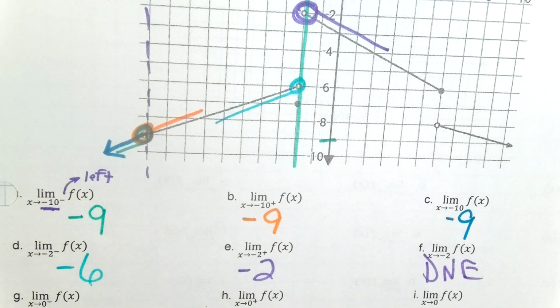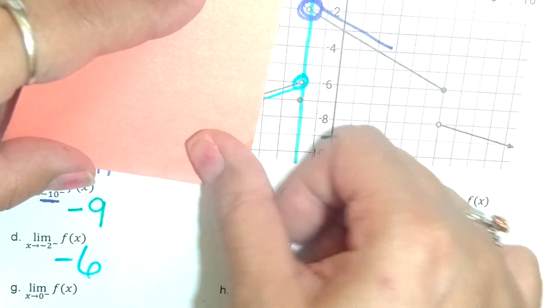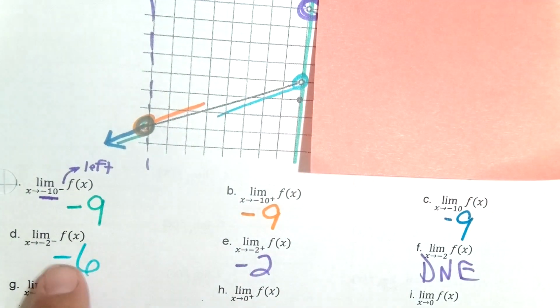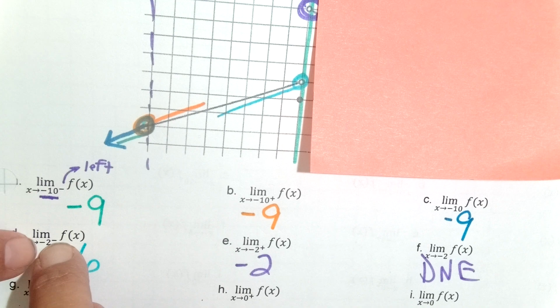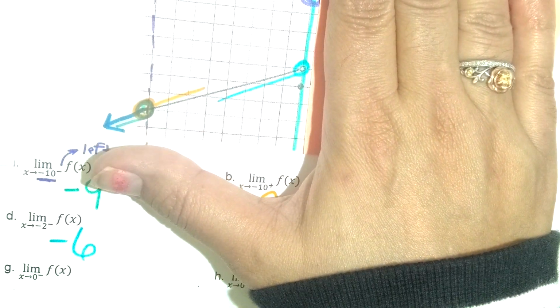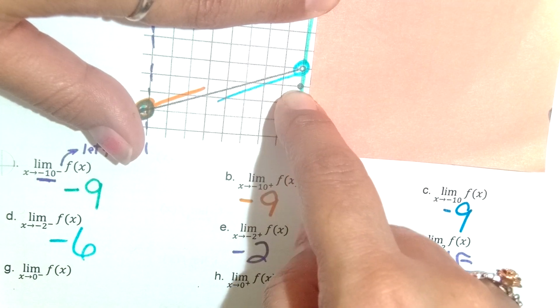I see some confused faces. Okay. So I'm looking at this tealish line. I'm going to look from the left side because that's what this is right here. This little minus sign tells me left, the plus tells me right. So I'm just looking at the left side of the graph. I'm going to go from the left to the right until I intersect the line that I created.